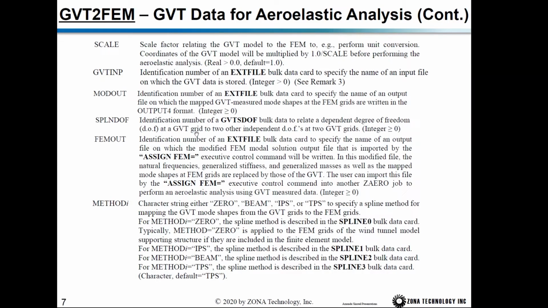And in the GVT, sometimes if you want to measure the modes, say along a middle body, because then the accelerometer can measure the translational degrees of freedom. However, if we want to use beam spline, because the beam spline requires the rotational degree of freedom, you have to somehow create the rotational degree of freedom from the translational degree of freedom.